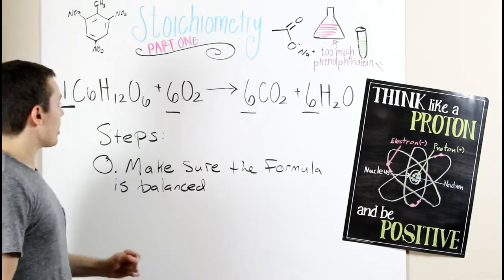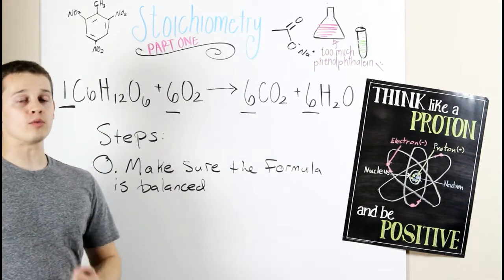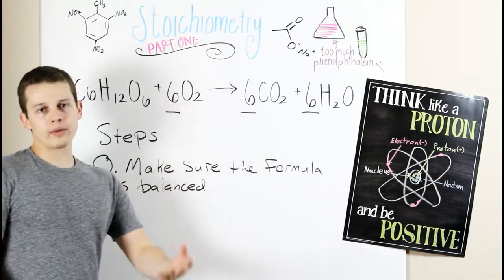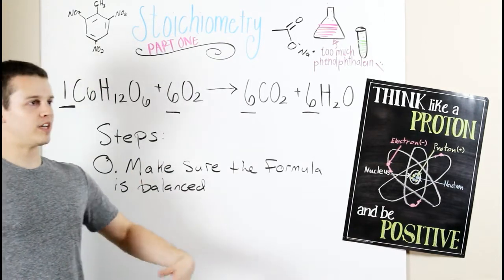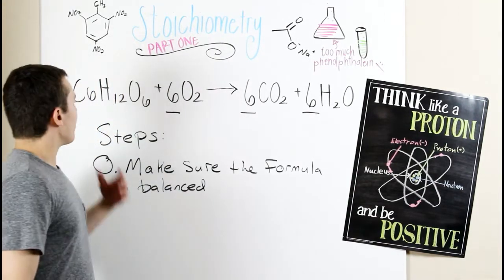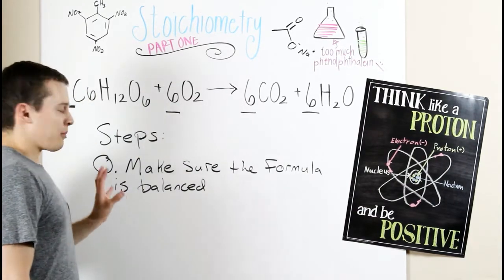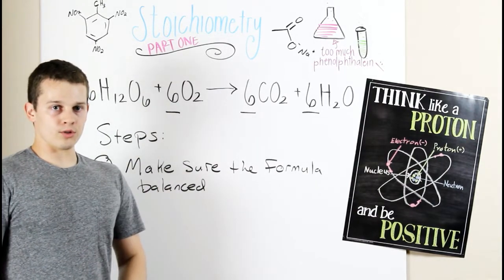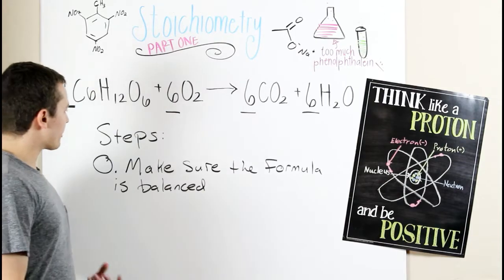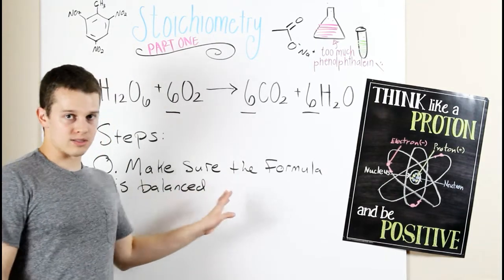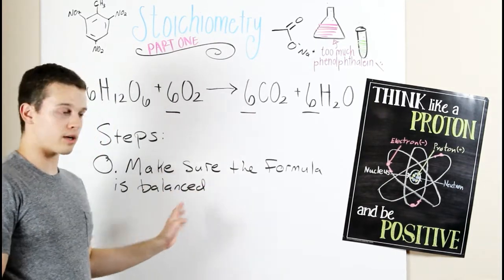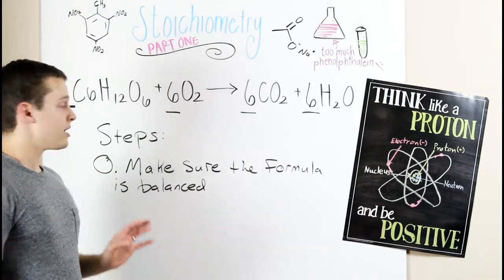That is always, always, always the very first thing that you need to do. We'll probably cover later on a video showing you guys how to balance equations. But for now, I'm going to assume that you all know how to do this. If you need help with balancing, there are other good YouTube videos out there that help out with this kind of thing.